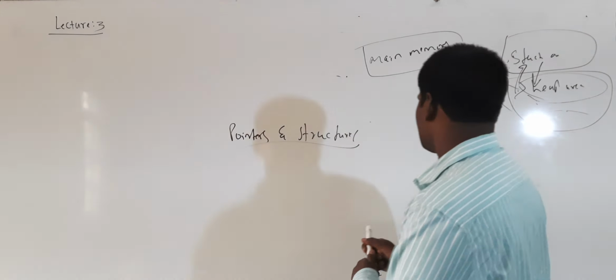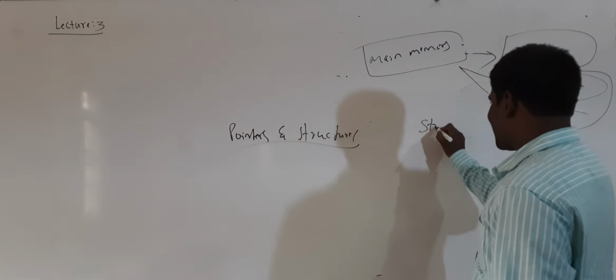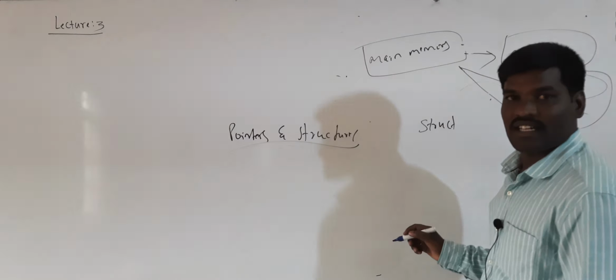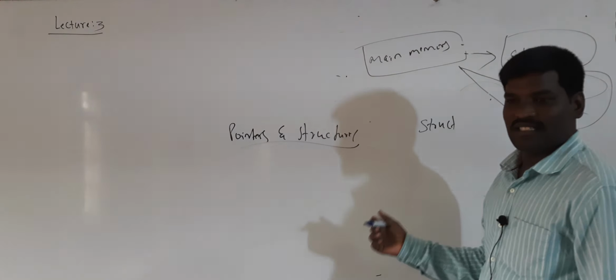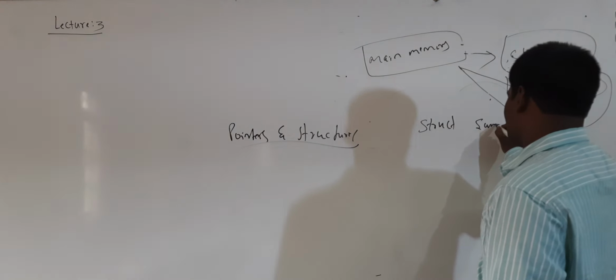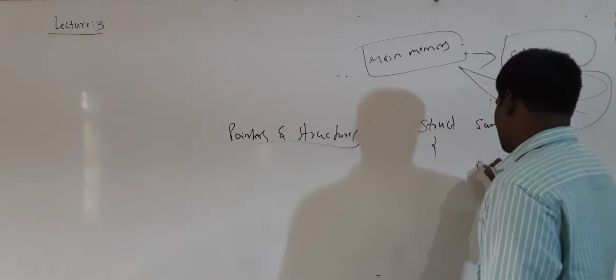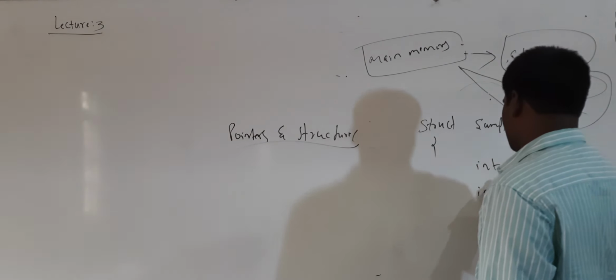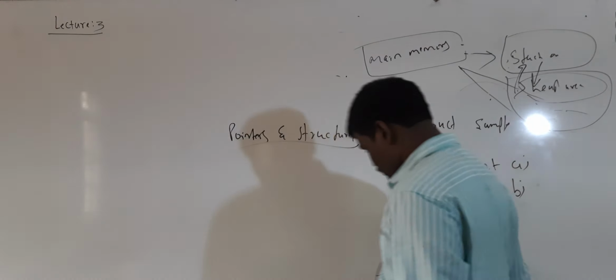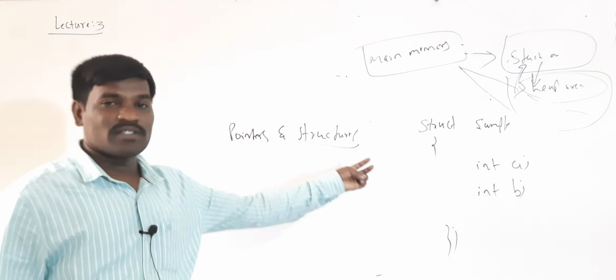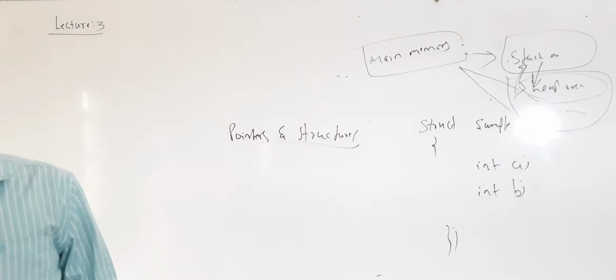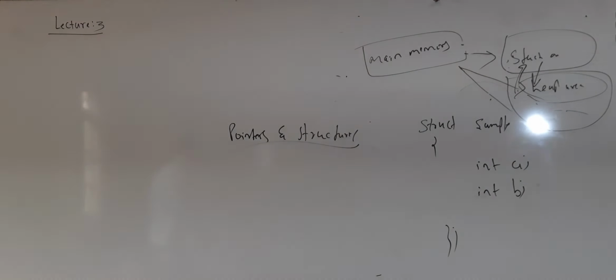For example, we have to write like this: struct. Struct keyword is used to define the structure. Struct sample, and just I can declare int a, int b. Like this we have to define the structure. We already studied in the first year.